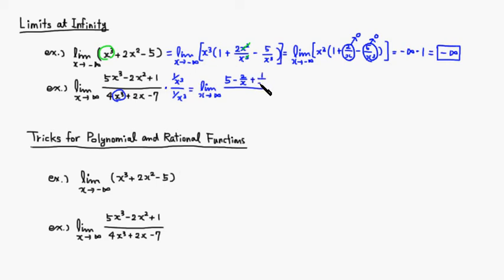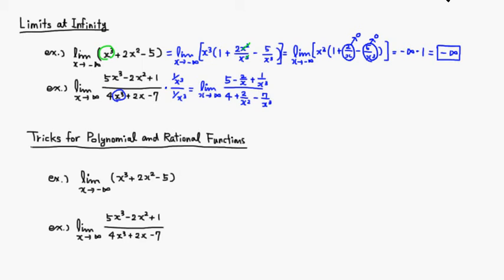On the bottom, 4x cubed divided by x cubed is 4. Negative 2x divided by x cubed is positive 2 over x squared, since only one x cancels. Then negative 7 divided by x cubed is negative 7 over x cubed.